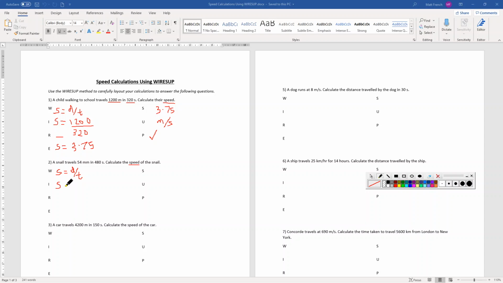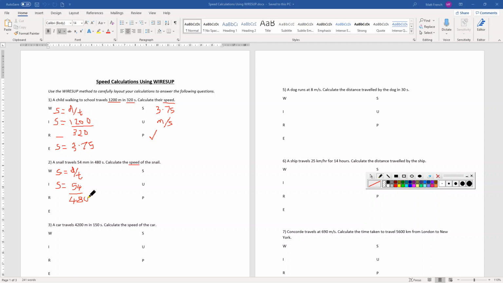So back to our snail question. We're going to take the distance. Well, the distance is 54 millimeters. So I'm going to write 54 in there. And then I'm going to divide by the time, which is 480 seconds.